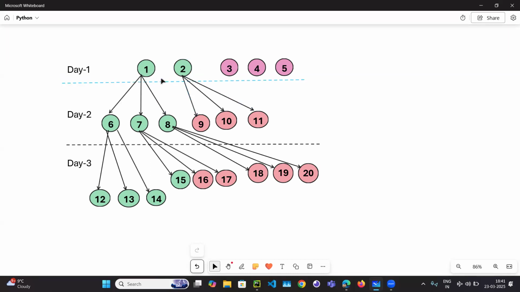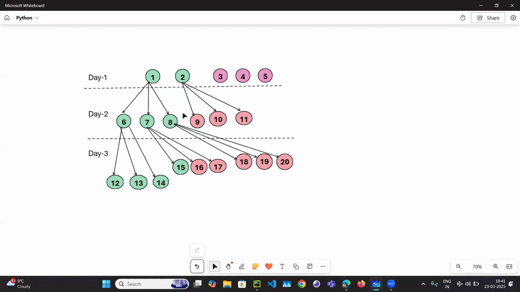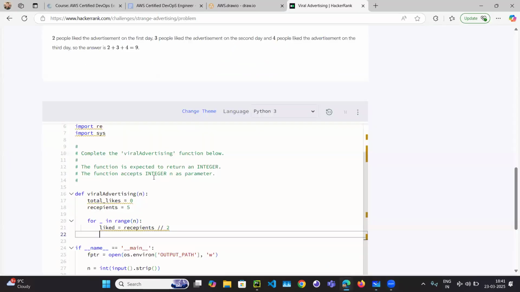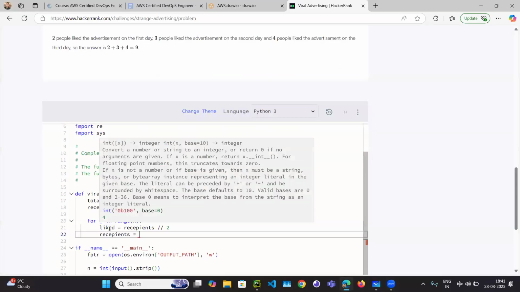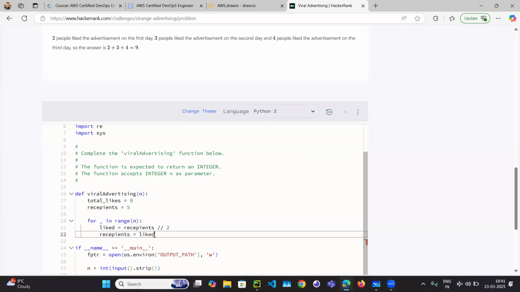But on day one, they are going to share it with their further three friends, right? So the new recipients is equal to whatever the number of likes. Whoever liked is going to share.